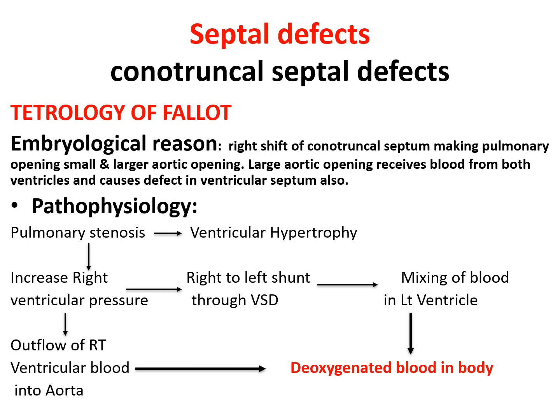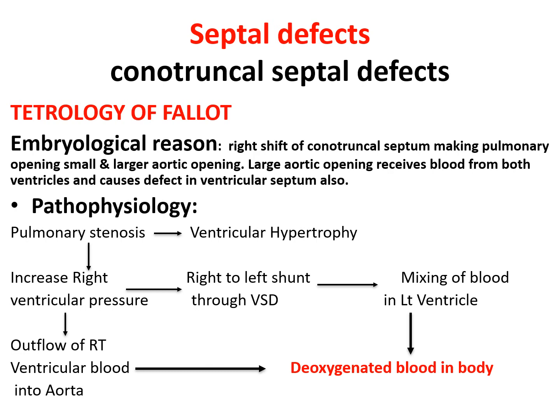Rather, because it is shifted to the right, the pulmonary trunk will be smaller, and that will lead to a large opening of the aorta. This large aortic opening receives blood from both the sides because it is so large that it is covering both the ventricles, which is called overriding of aorta.